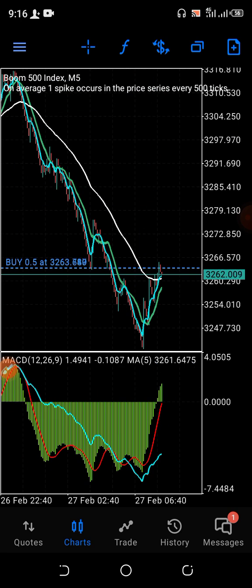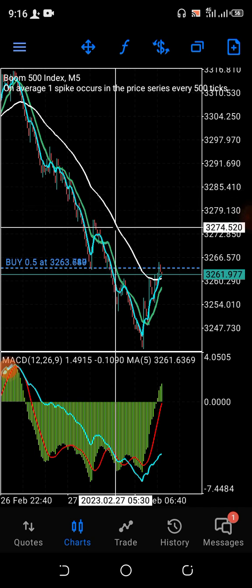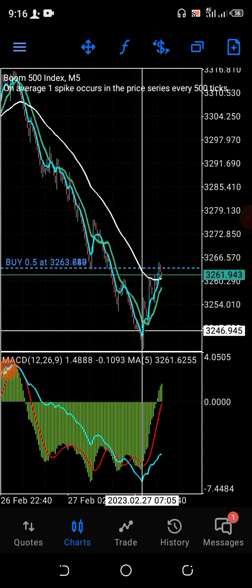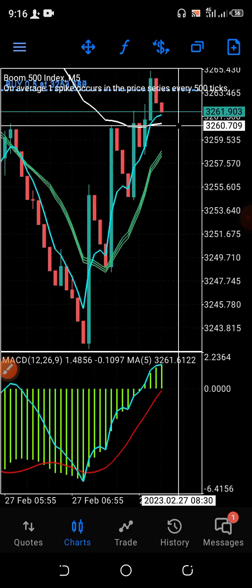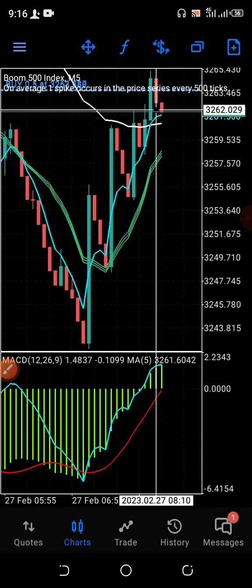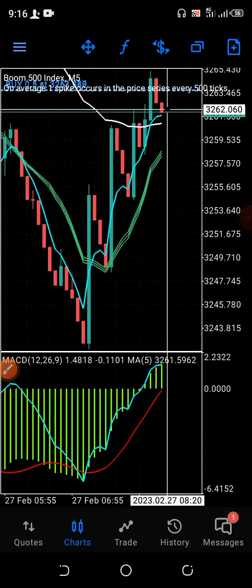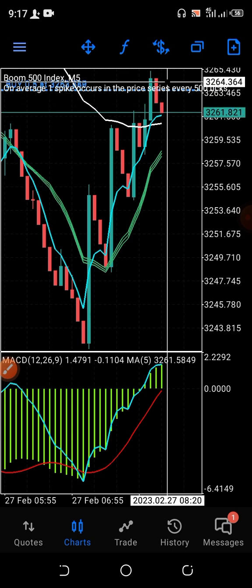This white line you are seeing on the screen, the Bollinger Band and the 5 moving average, they are making an agreement in the 5 minutes time frame. So as this 5 minutes candle just opened now, it will be coming up to this extent. At a point, it has to pull back a little bit.